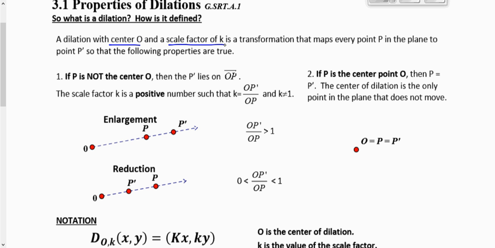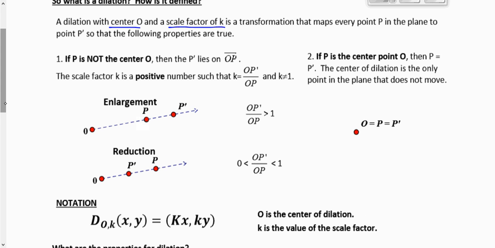So if we're going to dilate, say, just a line, not a two-dimensional thing, just a one-dimensional line, if we have a positive scale factor, then that segment gets longer, okay? Make sense? To find the scale factor, like we did on the page before, what did I do? I took the length of the new image and divided it by the corresponding pre-image.